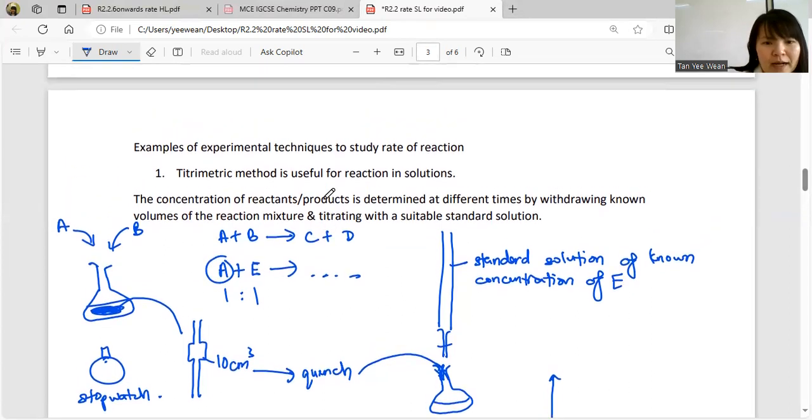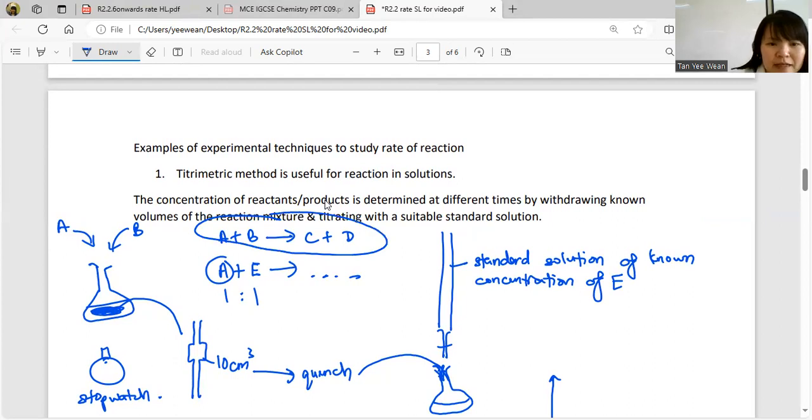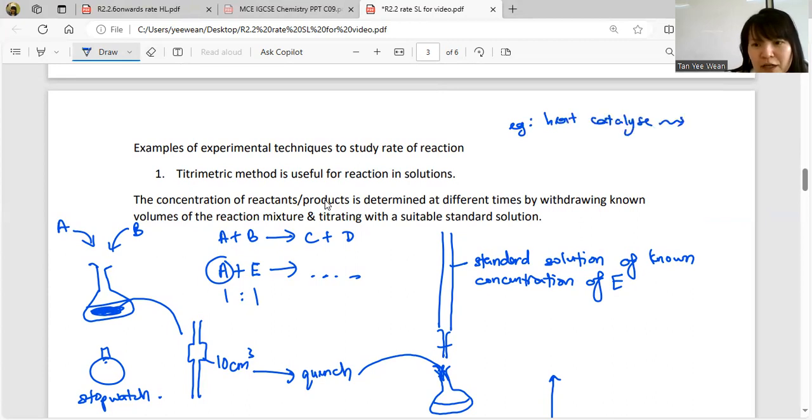You need to see what kind of reaction this is, A plus B is C plus D. So if this is a reaction that is, for example, heat catalyzed, how do you stop the reaction? You quench the reaction by putting ice cubes.